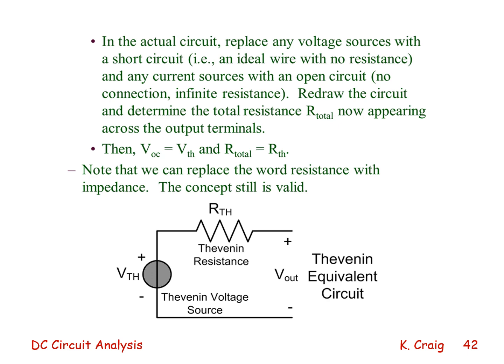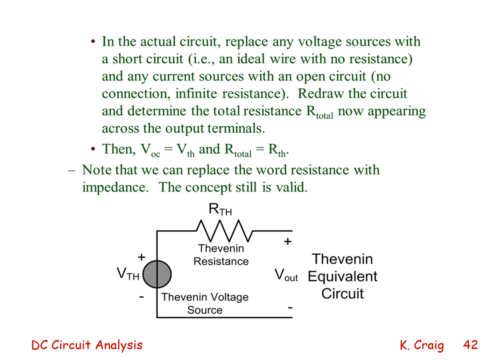Next, in the actual circuit, we replace any voltage sources with a short circuit, that is an ideal wire with no resistance, and any current sources with an open circuit, that is no connection, infinite resistance. We redraw the circuit and determine the total resistance, R total, now appearing across the output terminals. Then V open circuit is V Thevenin, and R total is R Thevenin.